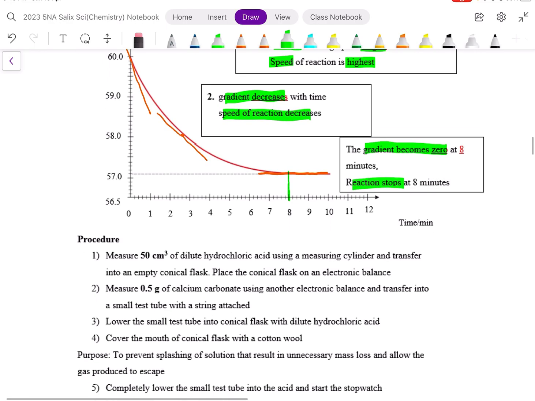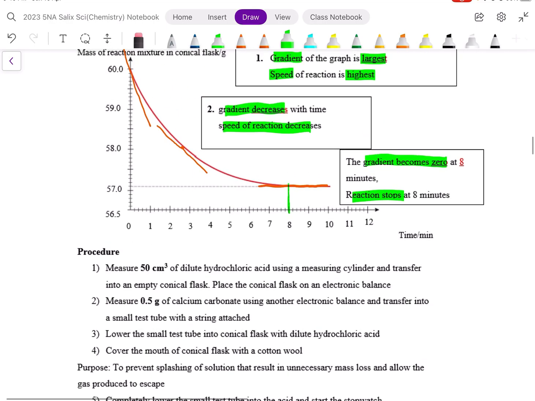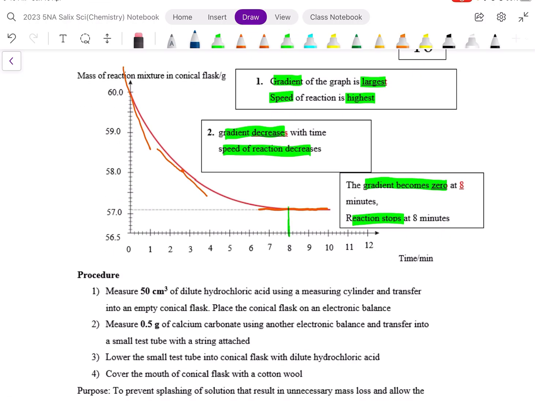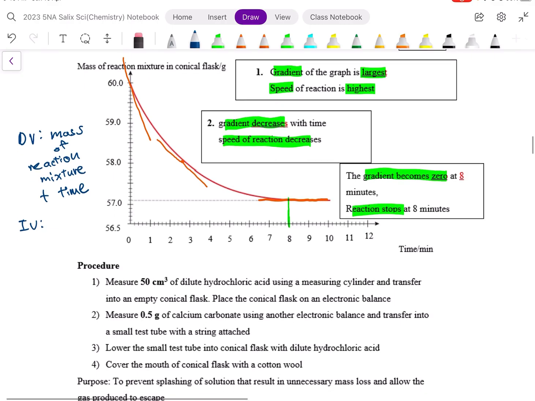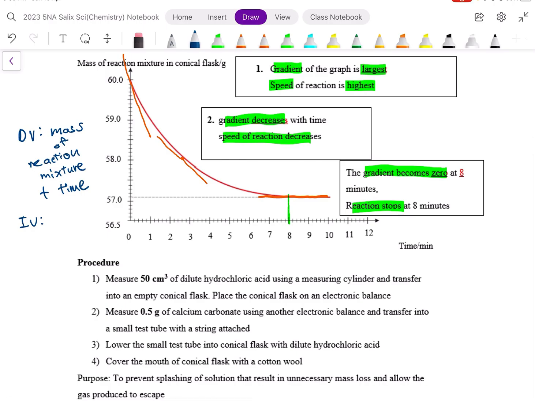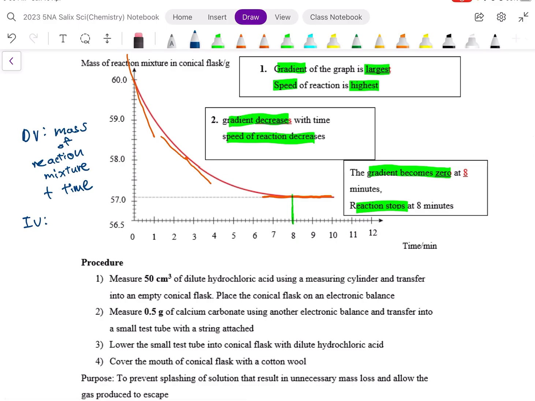So if you need the procedures, that's how you say this. Once again, consider the dependent variable, which is the mass of the reaction mixture, plus the time. Then the independent variable, depending on what you investigate, sometimes could be the particle size, could be the temperature.